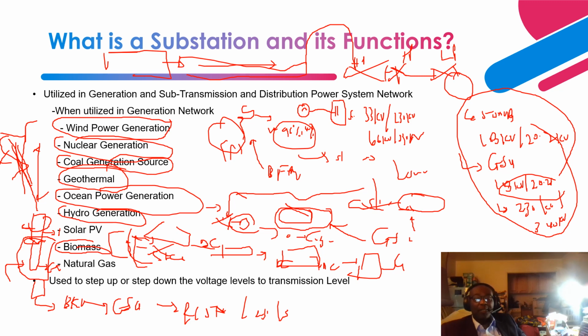It hits them and starts rotating them. That's how it gains energy from the steam, converting kinetic energy to mechanical energy.